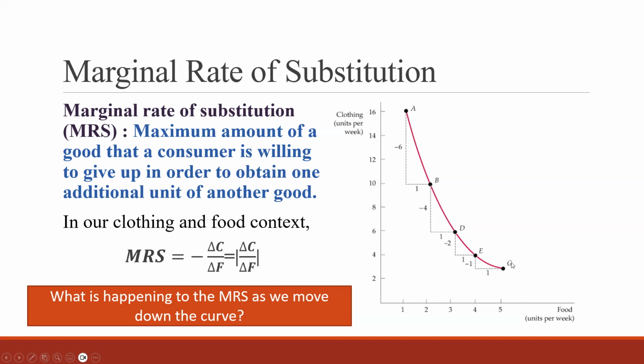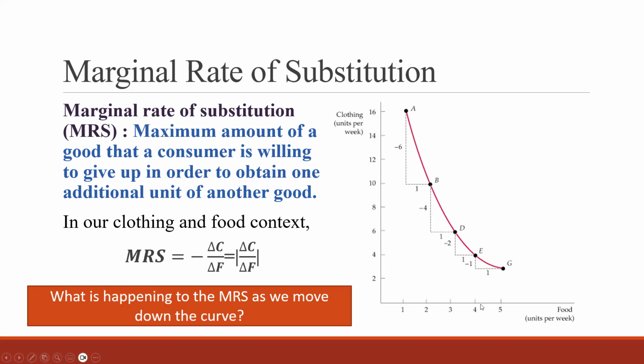So you see, here there are 2 concepts involved. One is when we are traveling down from A to G, right? As our possession of clothing keeps decreasing, each unit of clothing then means more and more to us in our satisfaction.